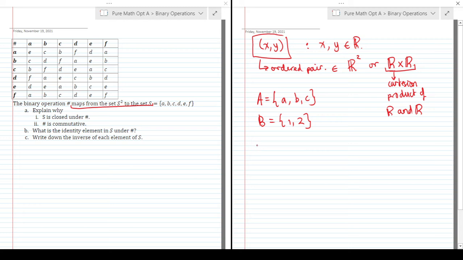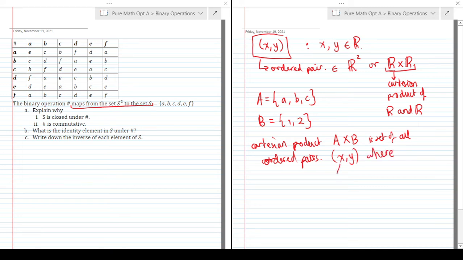Now the Cartesian product A cross B, or A times B if you like, is the set of all ordered pairs of the form (x, y), where x is taken from the set A and y is taken from the set B, right?